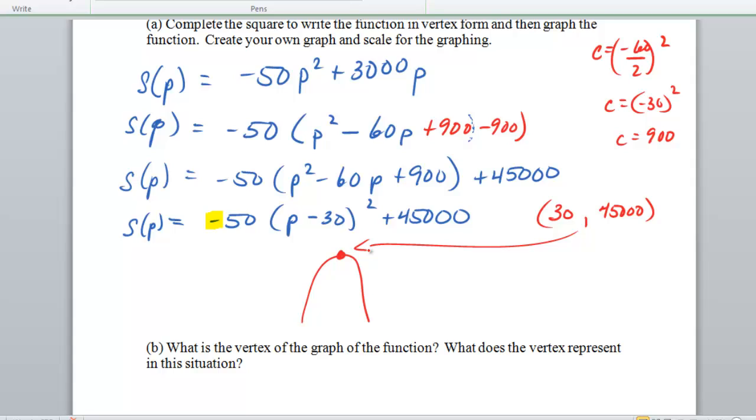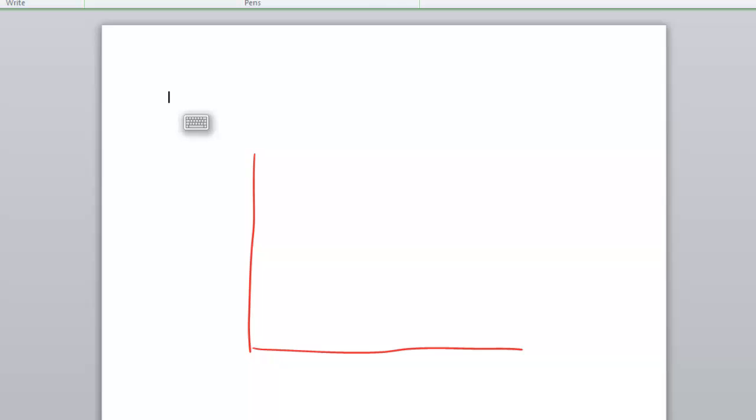Now keep in mind here, this is representing dollar values, so really there's no need to come down into the negative numbers for the dollar values. We only need the quadrant 1 graph. Now it says to create your own scale. Notice that the 30 is representing dollars and the 45,000 is representing dollars, and so we need to create some sort of scale on each part as best we can.